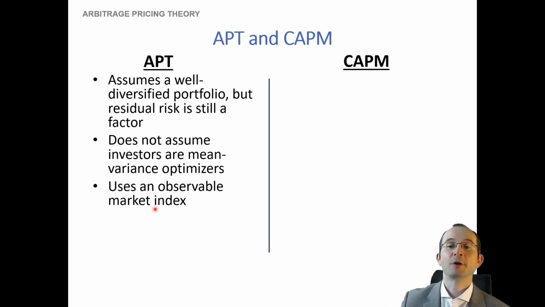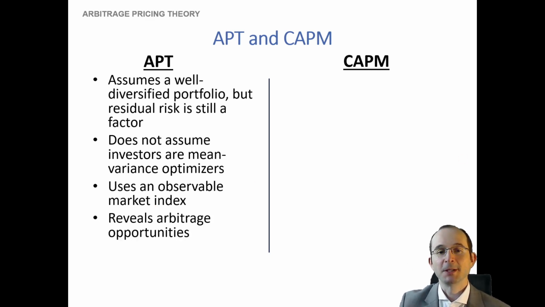Those would be observable size and value macro risk factors as well. And of course, the APT actually can tell you when assets are mispriced based on their expected returns relative to their factor exposures. And you can actually then construct trades using it.